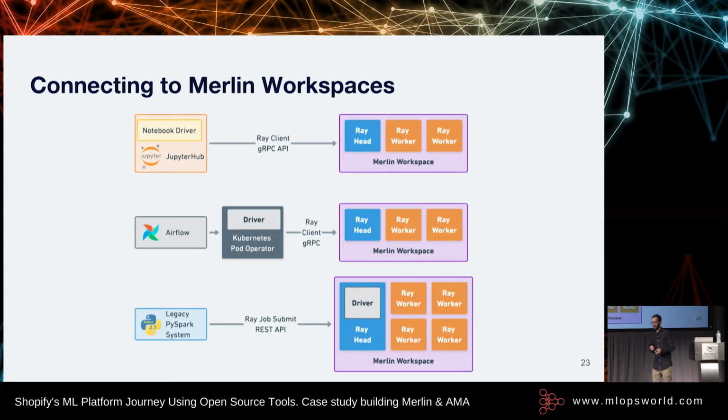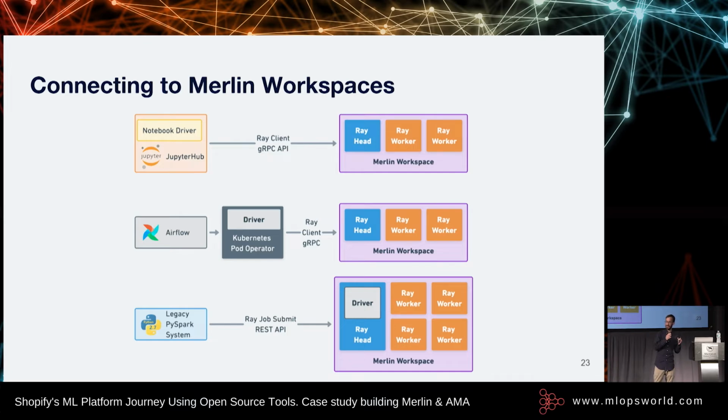From Airflow, when we run a new workflow or a new DAG, there's the Kubernetes pod operator that spins up a new pod where our driver is running on top of it. And that driver, again, connects with the Ray Client API over gRPC into our remote Ray cluster.